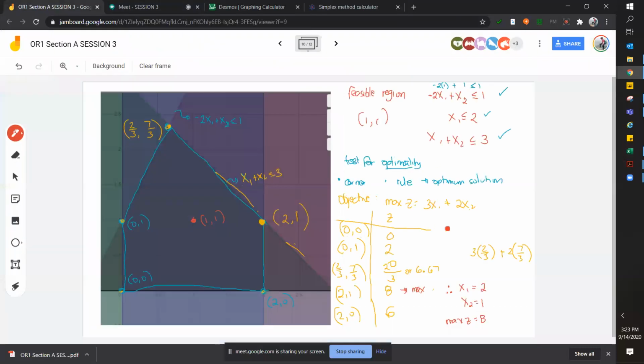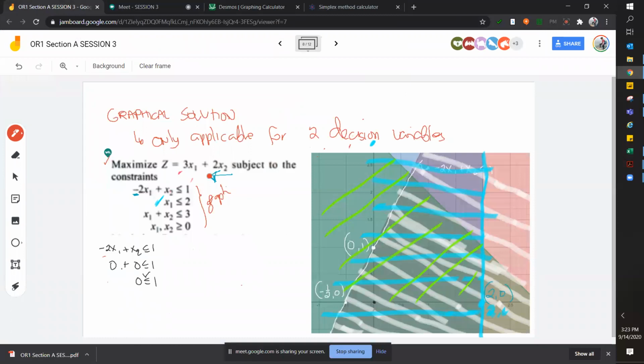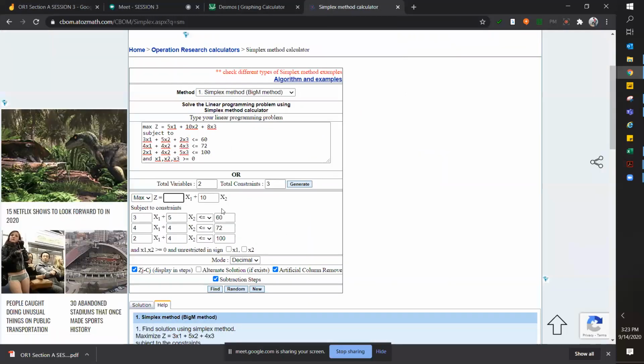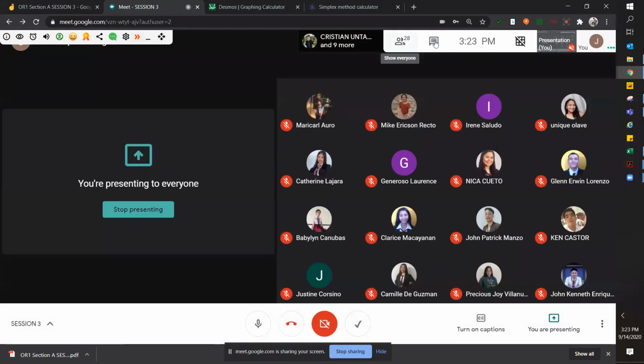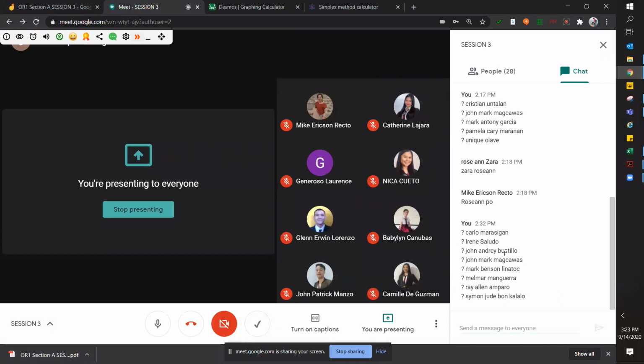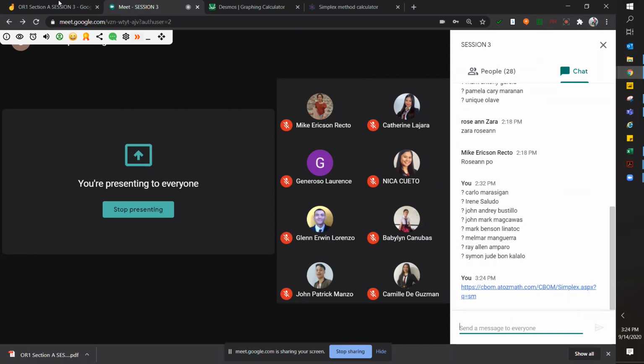Maximize, balikan natin yung problema. Tandaan nyo, 218 yung ating answer. Pero ito yung problema, 3, 2. So I use 3 and then 2. So everyone can try to solve it as well. Pwede natin i-check dyan kung paano.